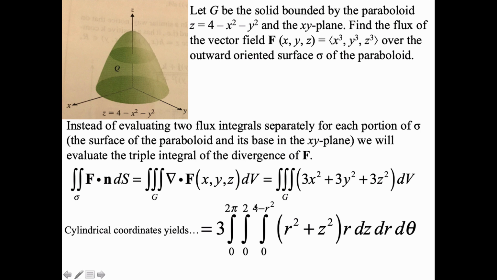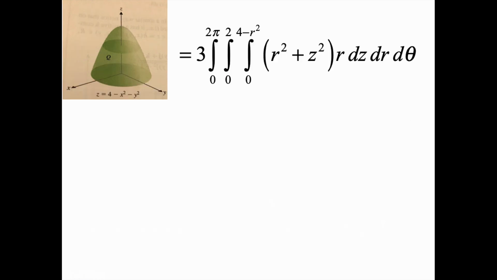For r, the distance from the pole can go from 0 all the way out to 2. So r goes from 0 to 2. To go all the way around, theta goes from 0 to 2 pi. The rest of this problem is simply the evaluation of a cylindrical coordinate triple integral, which no doubt you have much experience doing already.